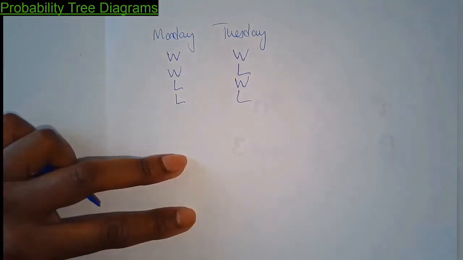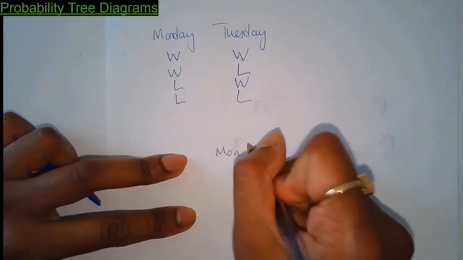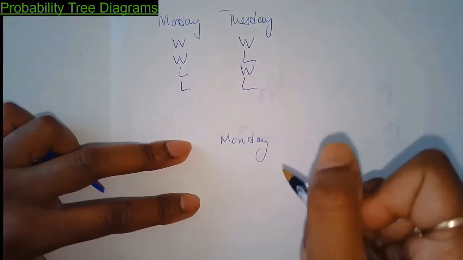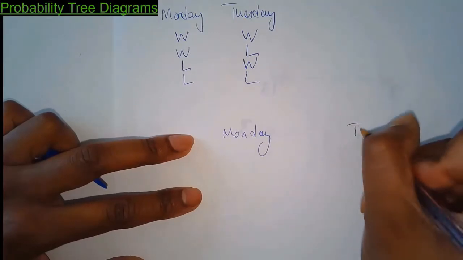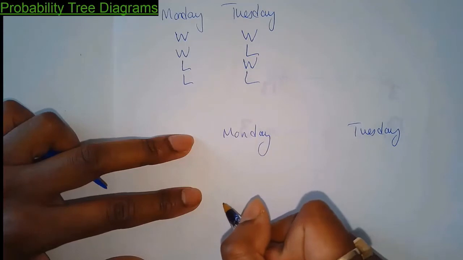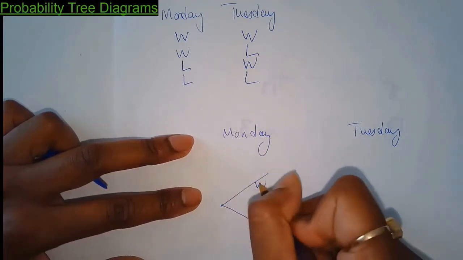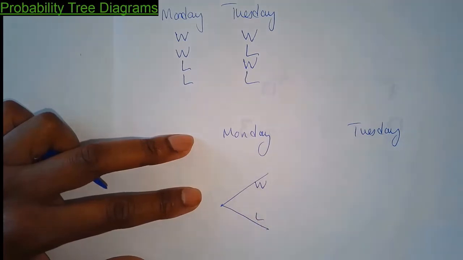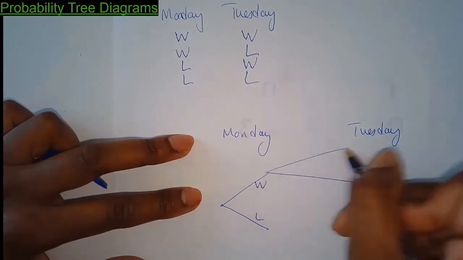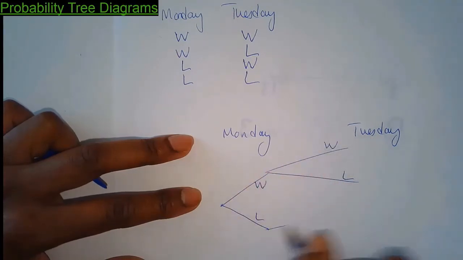How am I going to represent that on a tree diagram? So watch. I'm about to make a tree diagram. On a Monday, two possible timelines. It's going to be win or lose. Just bear with me, let me just finish this. I'm just duplicating the win-lose branch.